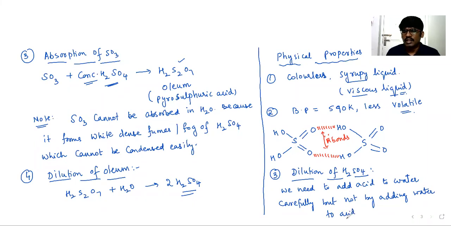Because it is a highly exothermic reaction, expulsion may take place. Acid might come out of the container. It can expel on the body also. That's why we should be very cautious while diluting H2SO4, because it is an exothermic reaction, right? So please copy it.